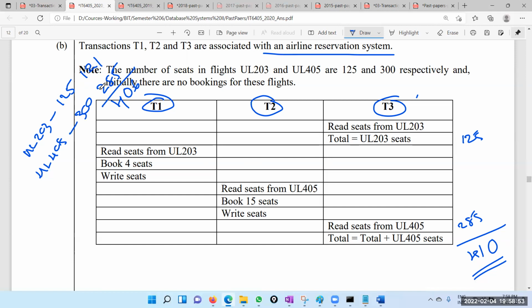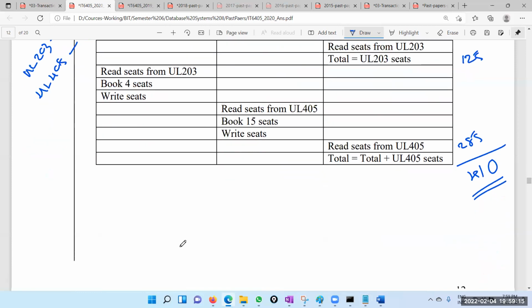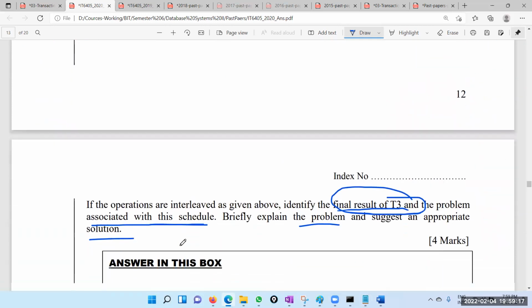But what your report says is 410 seats are available. So why does that happen? Because you take the UL 203 count before this subtraction. So that is the issue. What is this issue called? Now, the first answer is 410.